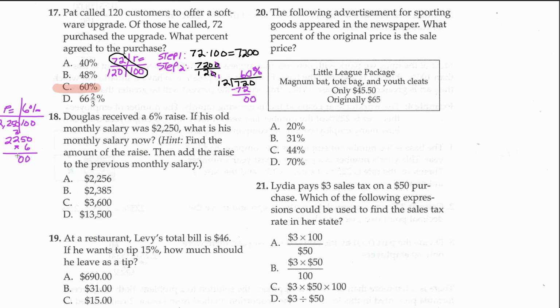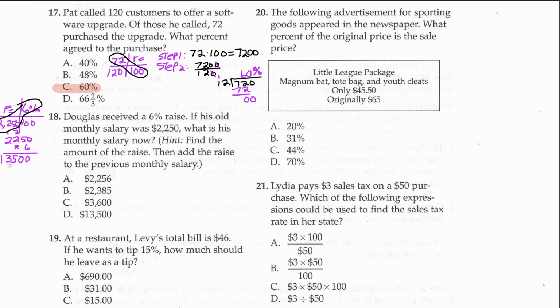Plus 3 is 15. Carry 1. 6 times 2 is 12. 13. Okay, now we have 13,500. Okay, what's next is, you see, what we just did is we just multiply 6 times 2,250.